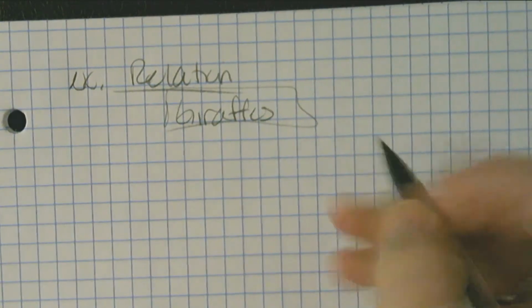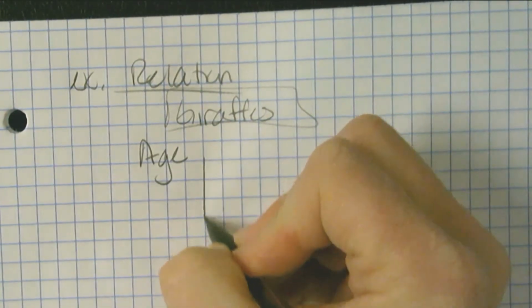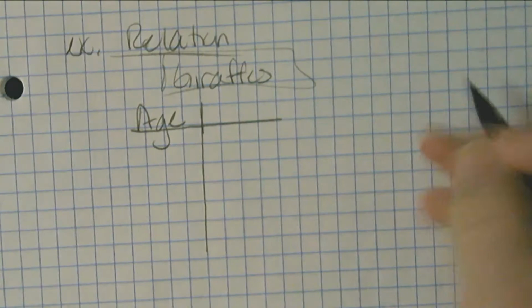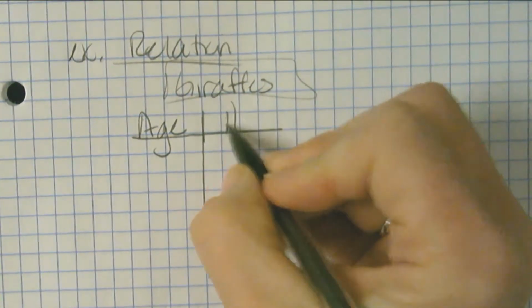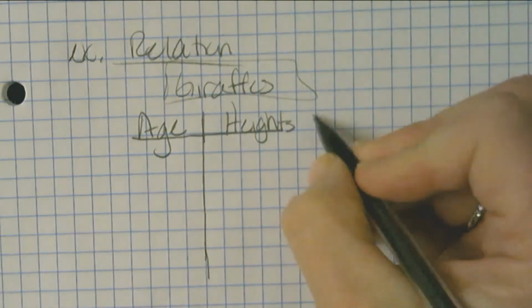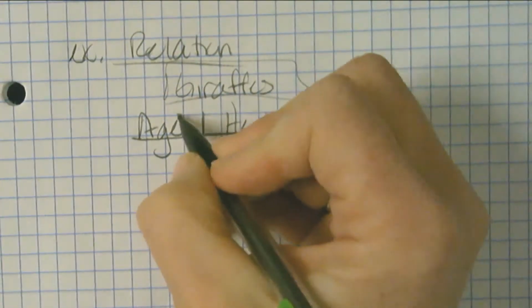I'm going to be relating the age of a giraffe to its height. This was done by research. Someone took a look at the age of giraffes, and they measured their heights. The height is going to be in meters, and the age is going to be in years.